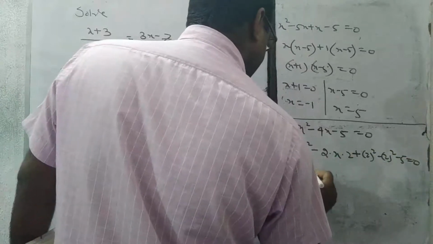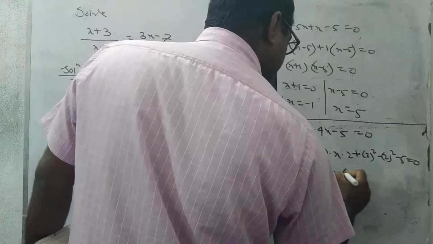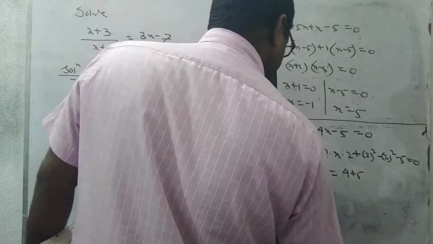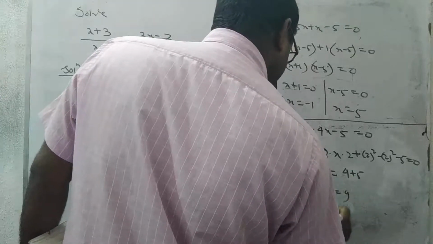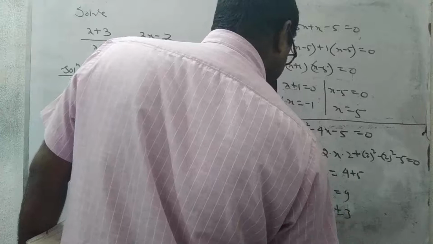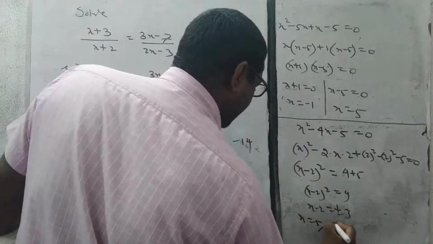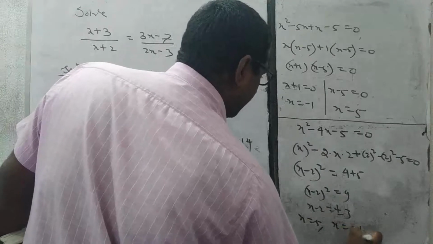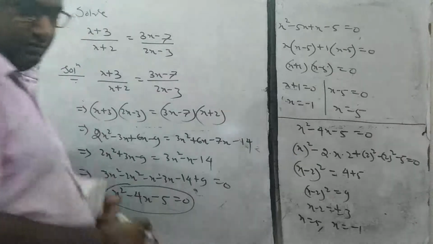So this one is (x minus 2) whole square is equal to 4 plus 5. (x minus 2) whole square is equal to 9, or x minus 2 is equal to plus minus 3. If you take 3, then x is equal to 5. If you take minus 3, then x is equal to minus 1. So this is the completing the square method.